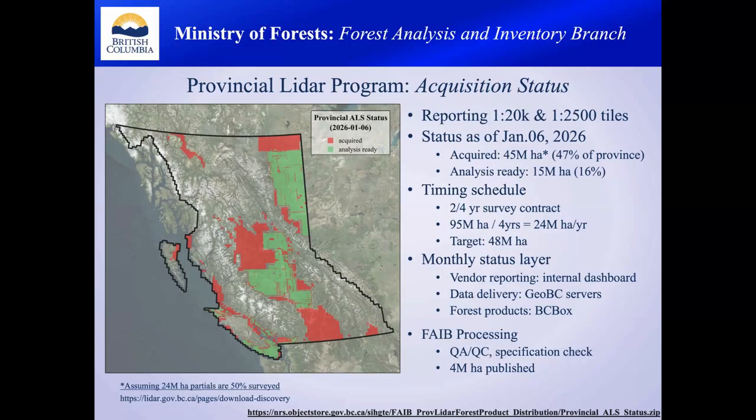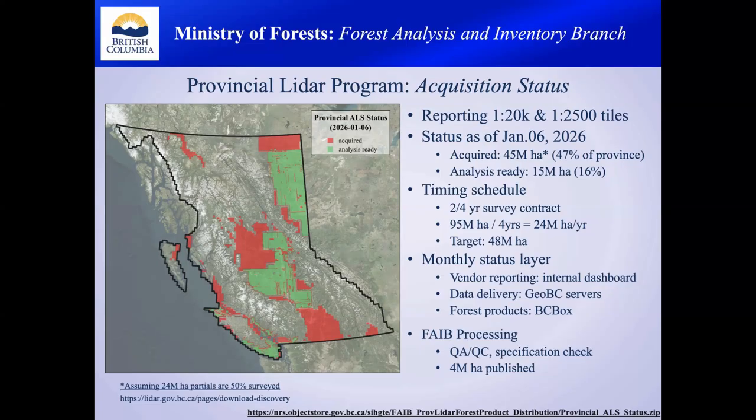We have the GeoBC servers, which FAIB has access to, and so we're able to define the areas that have data in hand. And then the forest information products that we're producing are being published and publicly available through BC Box, which is a cloud-based object storage service for the government. And I'll touch on that in a bit.